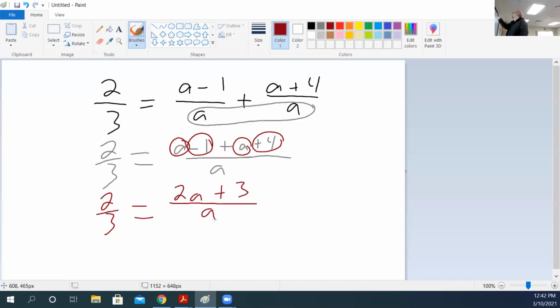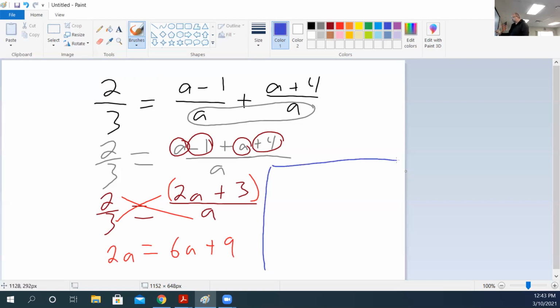Now I'm going to do a little cross multiplication. So 2 times a gives me 2a, and 3 times this whole mess up top: 3 times 2a equals 6a, and 3 times 3 is 9. Let me move this over a little so I have more room.